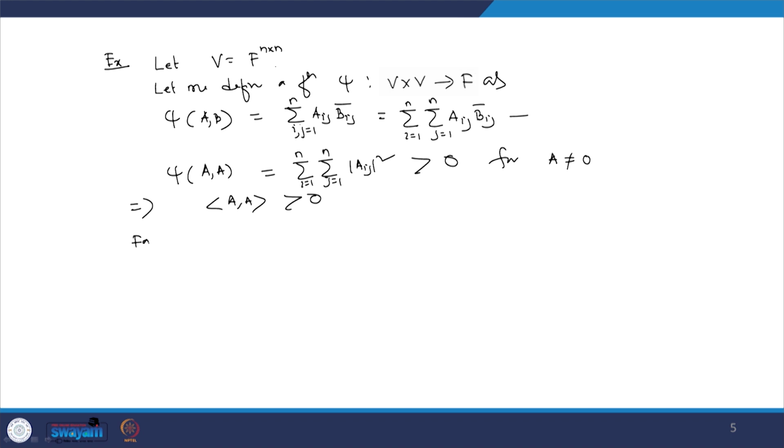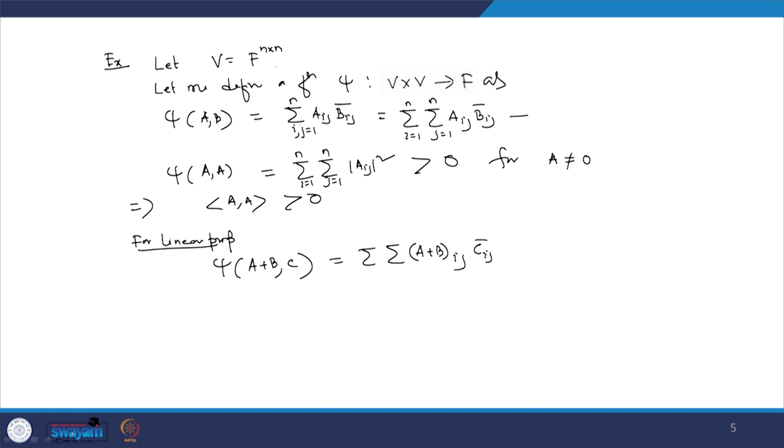For the linear property, we have psi of A plus B comma C, that matrix, equal to sigma sigma of (a plus b)_ij and c_ij bar.